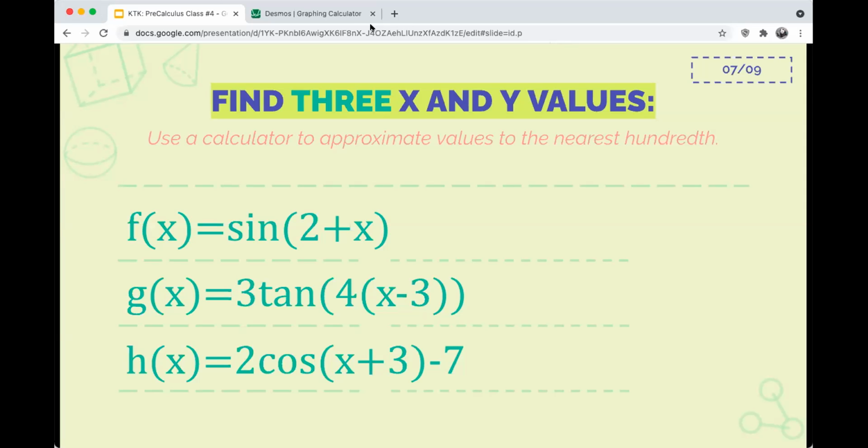If you want to read them out by raising your hand, if you want to put them in the chat or in the Q&A, make sure you put which question number you do. We've got f of x is the first one, g of x is the second one, h of x is the third one, or if you want to reference them by f of x, g of x, h of x, that's not a problem either. This shouldn't take too long, so we'll take about 2 minutes for this. So it's right now 6:30.